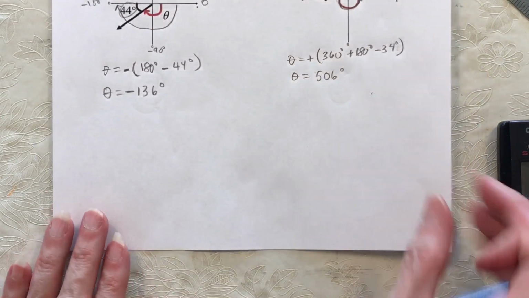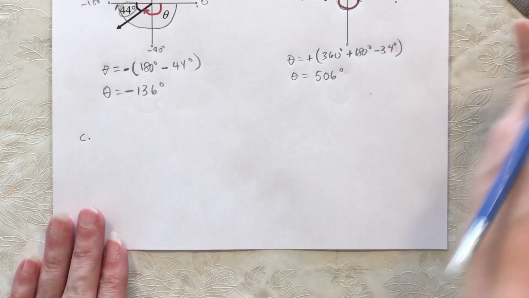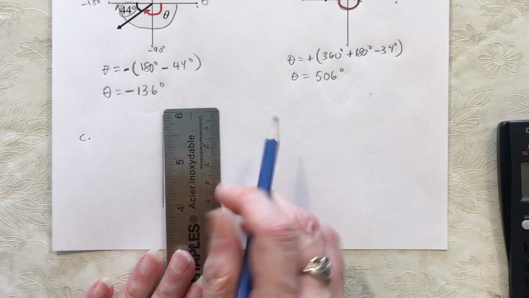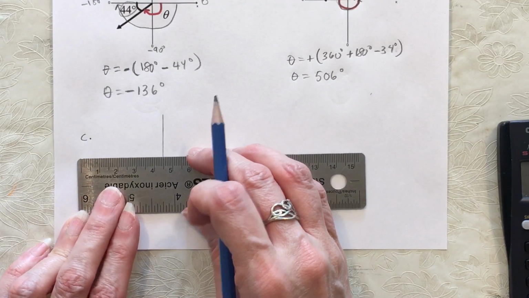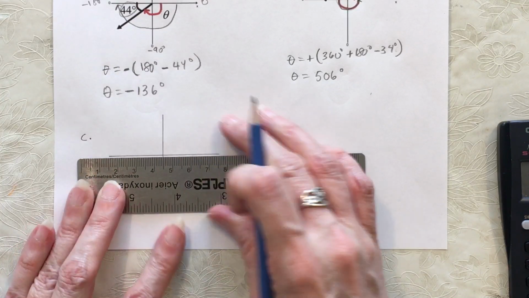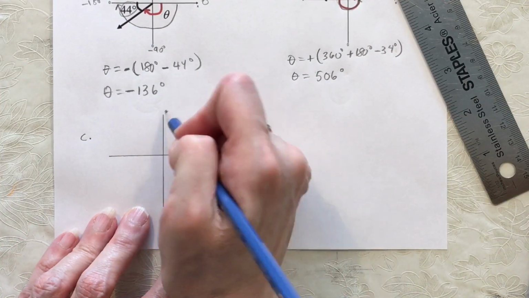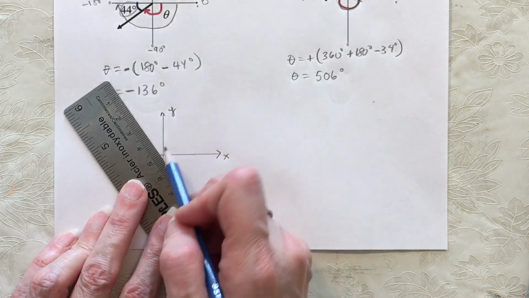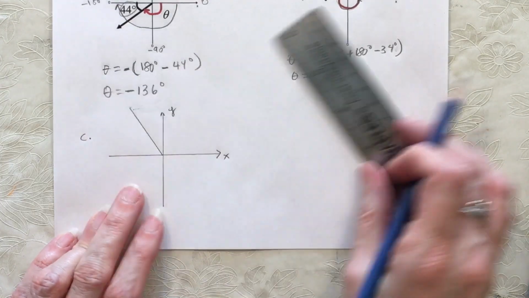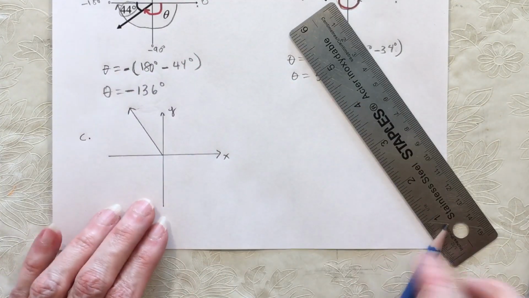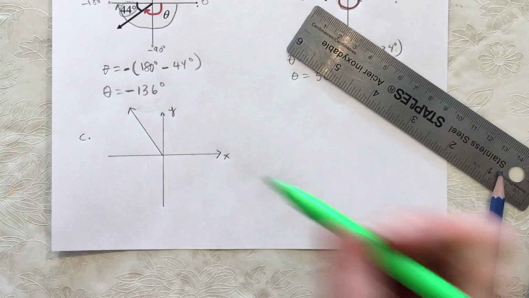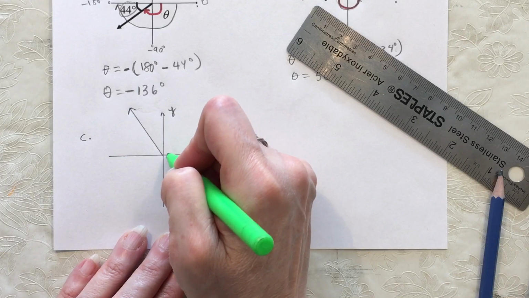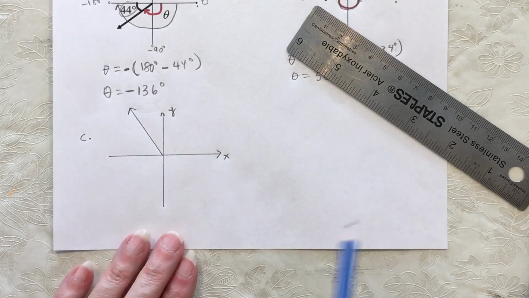So let's just do another one here. I'll just draw one right now. Okay, so my angle that I'm drawing, can't really use red, I'll just use pencil.